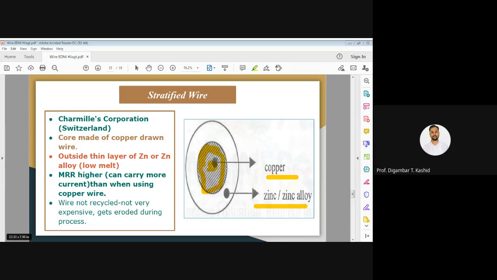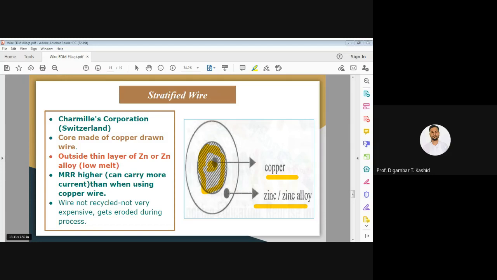Zinc will melt and even evaporate at a temperature lower than the melting temperature of copper, but there will not be any effect on the copper core. The core of the stratified wire does not become hotter than the temperature at which the outer zinc layer vaporizes, so it does not break the core. Hence a more powerful spark can be discharged using this stratified wire.